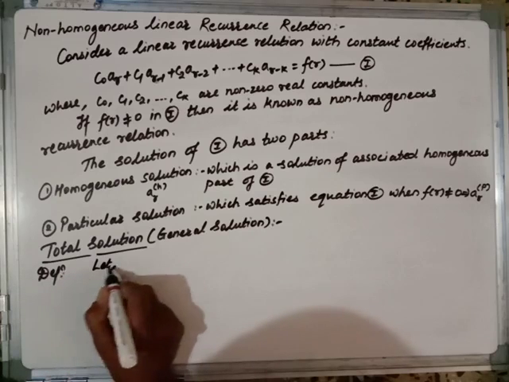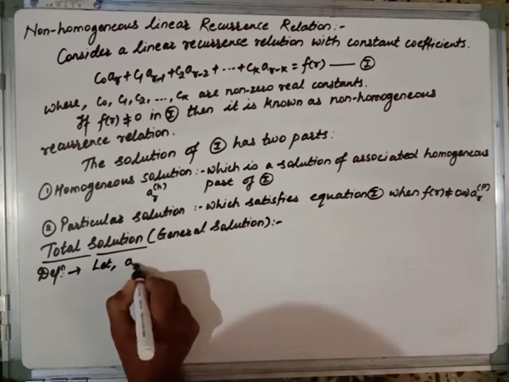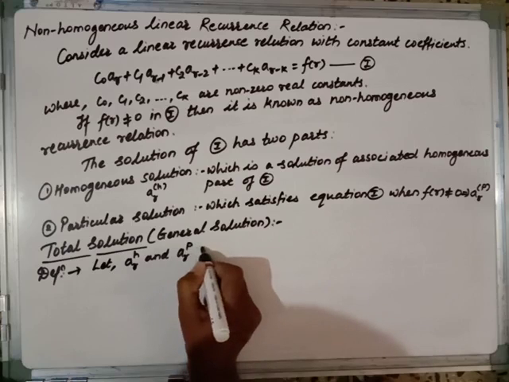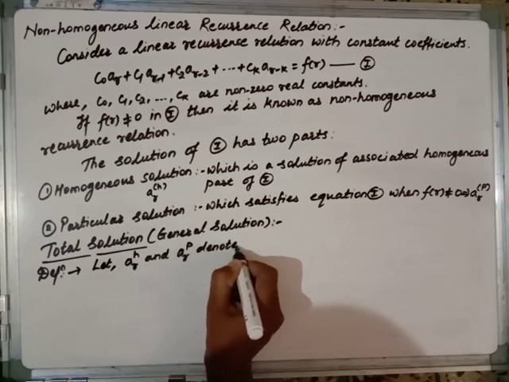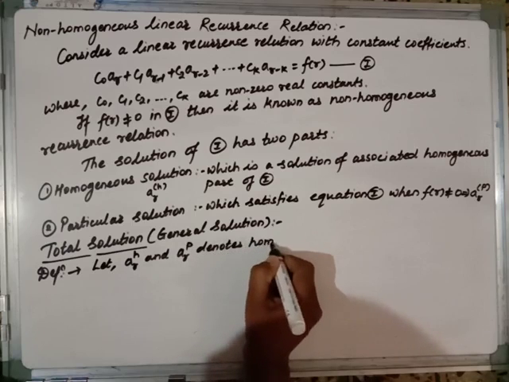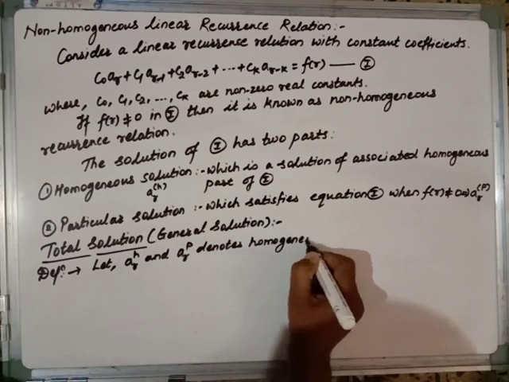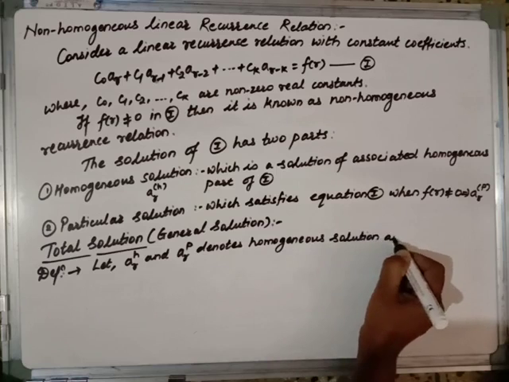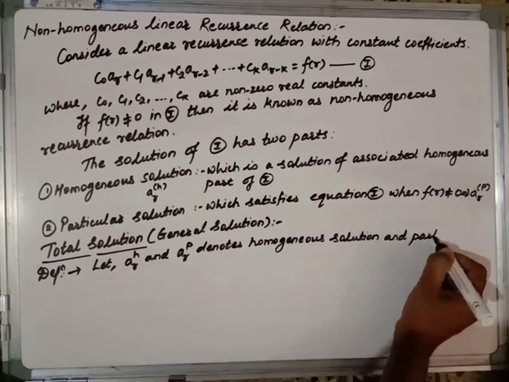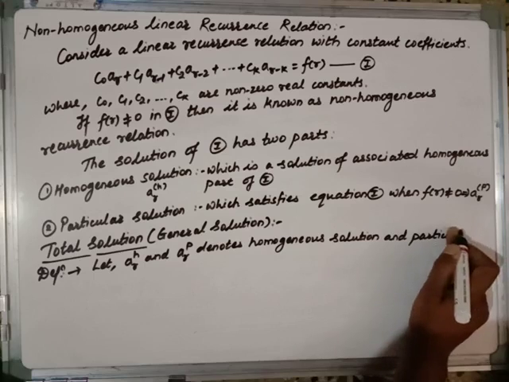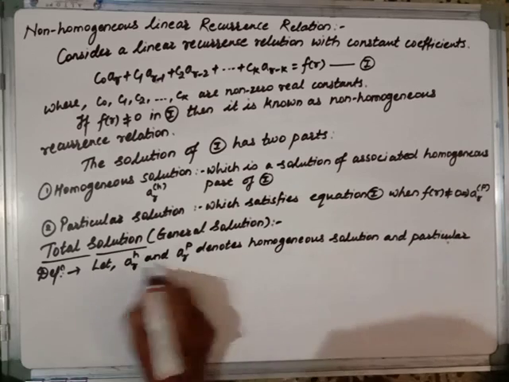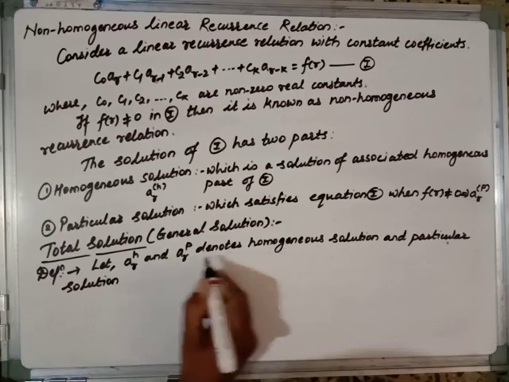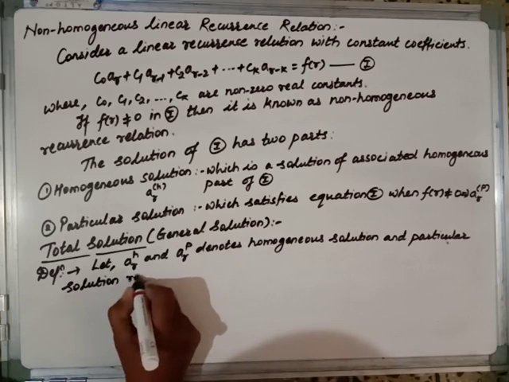Let a_r^(h) and a_r^(p) denote the homogeneous solution and the particular solution respectively.